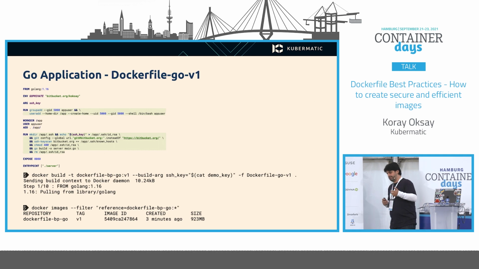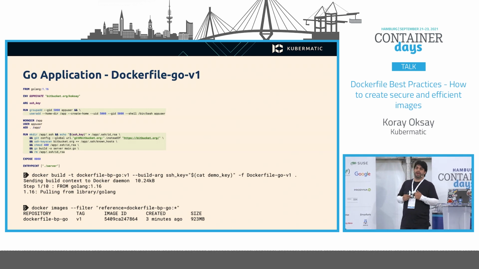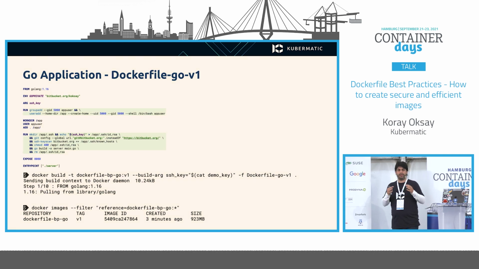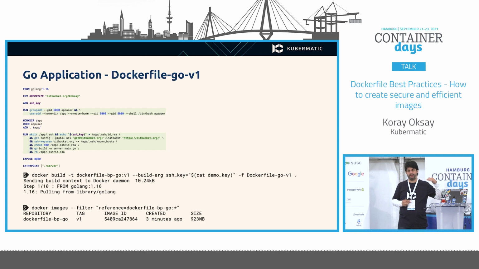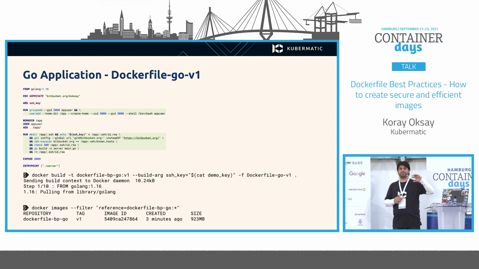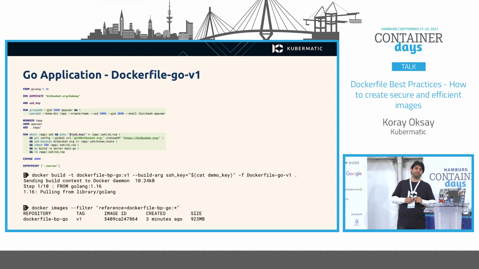To get around this, some people compile the Go application in the pipeline and then copy the binary into the Docker image itself. So they do it outside of the Docker and just copy it to the image.